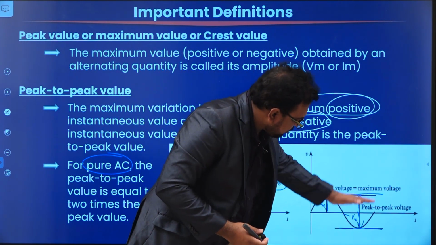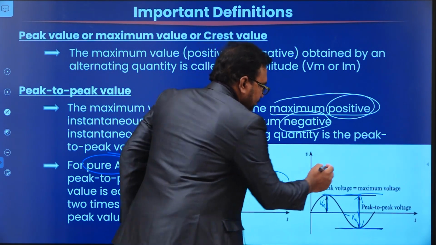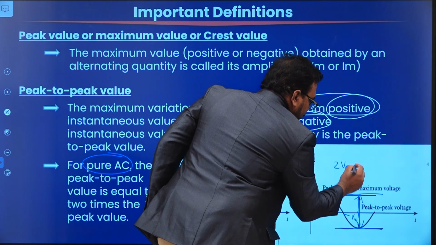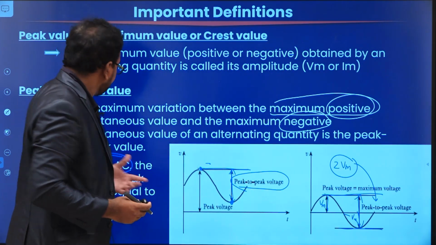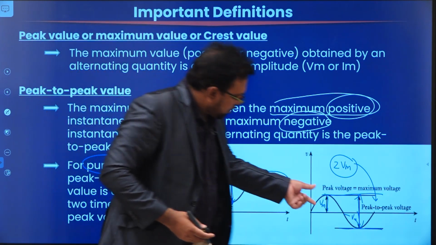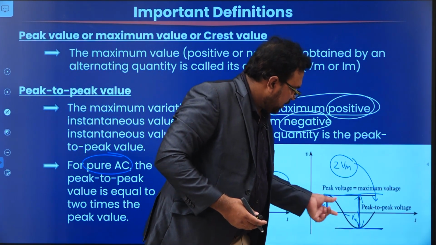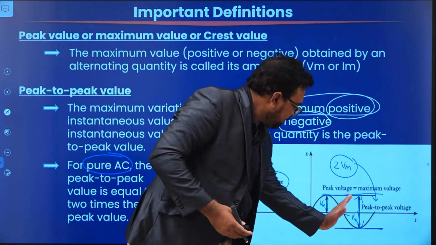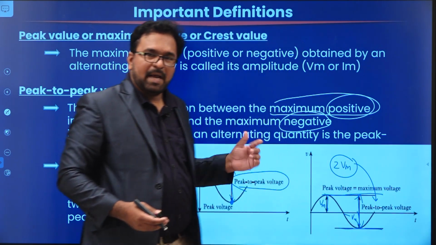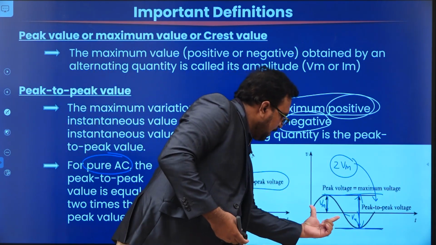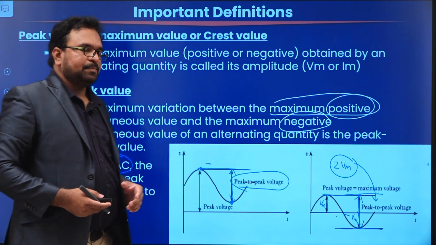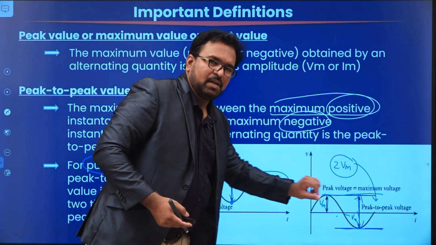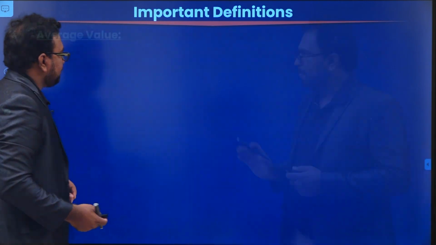Now what is the total distance here? 2 Vm. So 2 Vm is the peak to peak value in case of pure sinusoidal. Pure sinusoidal means positive half cycle and negative half cycle magnitudes will be the same and the duration will also be the same. The span will also be the same, because it will have a 180 degrees span. The negative half cycle will also have a 180 degrees span. This type of waveform is called pure sinusoidal.